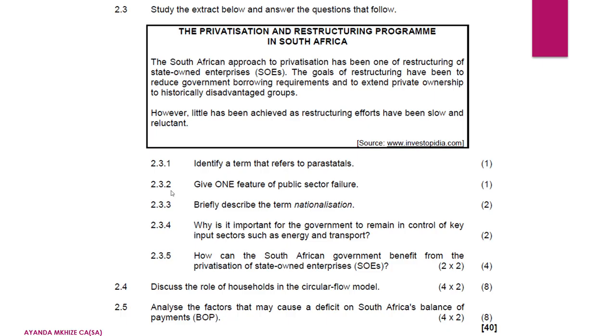Let's look at 2.3.2. Give one feature of public sector failure. I want us to understand what public sector failure is. One prominent feature of public sector failure is the lack of accountability in resource allocation and the decision-making process. This can lead to inefficiencies, waste, and corruption, undermining the effectiveness of public services.